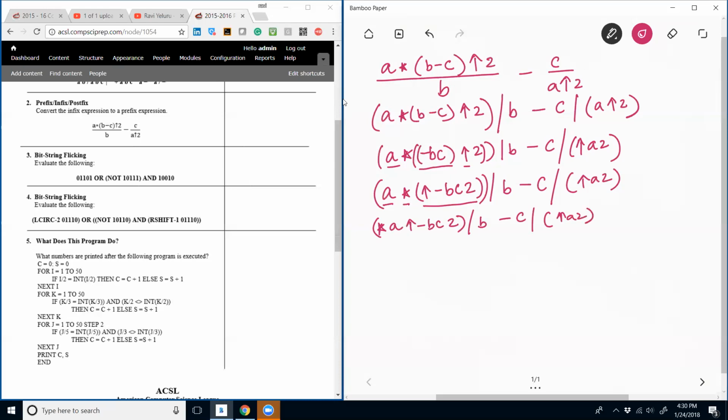So I kept repeating the right side term as is, because I'm not fully ready with what I want to do there. Now, if you notice, this is one term slash B. So how do you do that? You are going to put this slash in the front, and then expand this whole thing, and then write the B right after that.